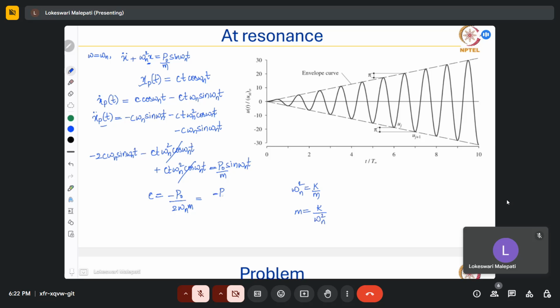And this coefficient can be written as 2k omega n. So this is the particular integral for the case of resonance condition.